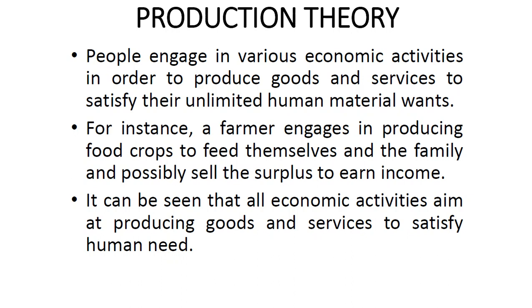So the overall objective of production is to solve human material wants, and in the process, the entrepreneurs make money. For instance, farmers engage in farming in order to produce goods and services to satisfy their needs, and when there are surpluses, they sell them in order to make some income.